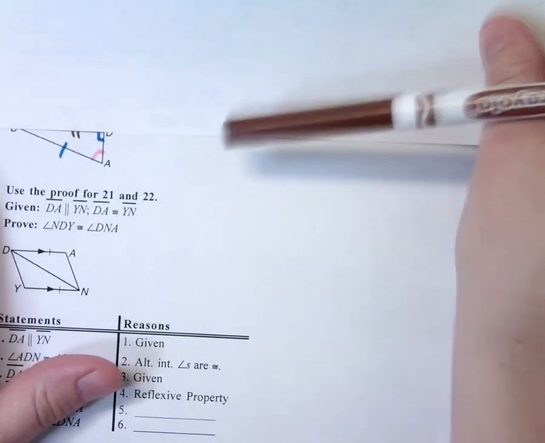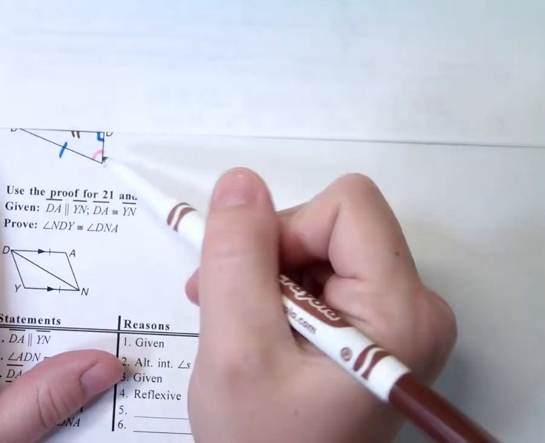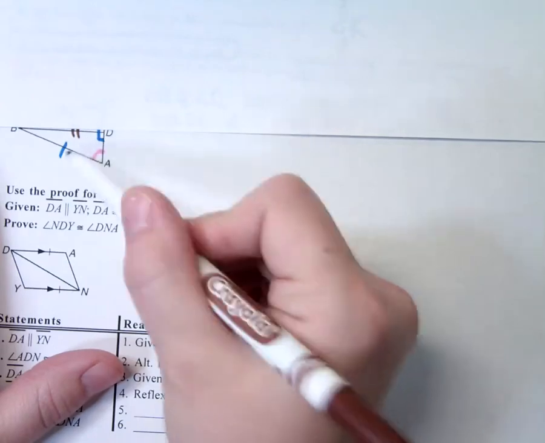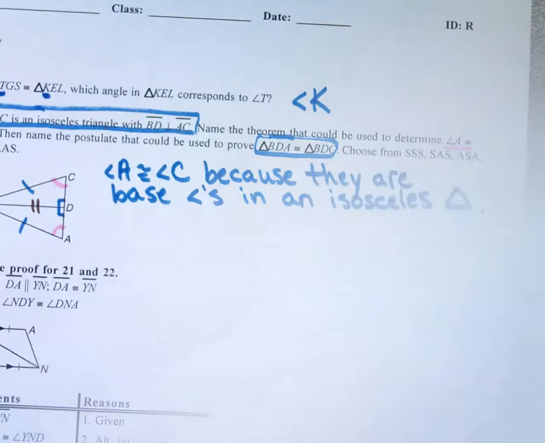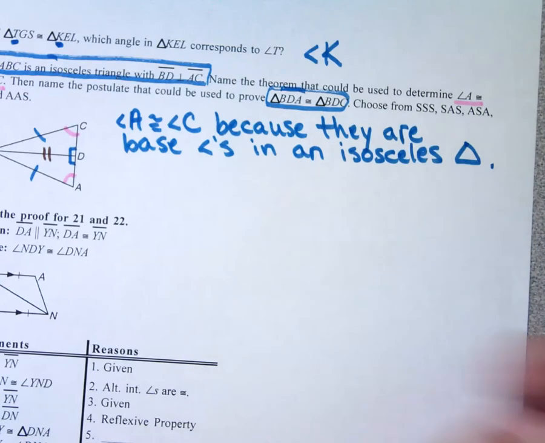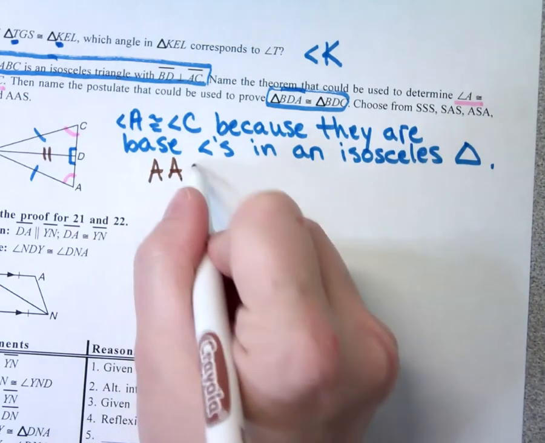Without even that there, I can see that I have angle, angle, side on that triangle, and I've got angle, angle, side on that one. BD is congruent to itself, but I actually don't even need it to show that those triangles are congruent. So these are congruent by angle, angle, side.